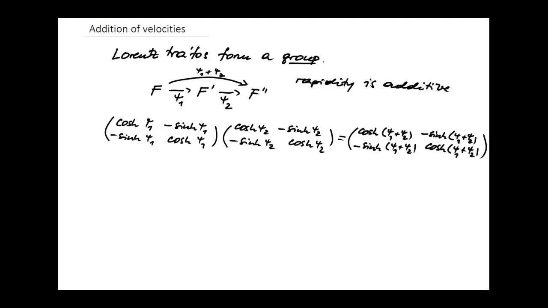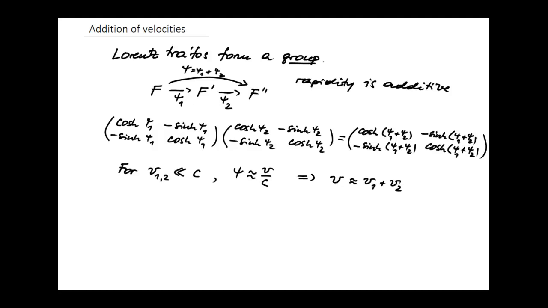So rapidity is additive, but velocity is not. It is true, of course, that for velocities v1 and v2 much smaller than c, we know that the rapidity is approximately v over c. And therefore, if rapidity is additive, then velocity is additive. That's in the limit of slow velocities.